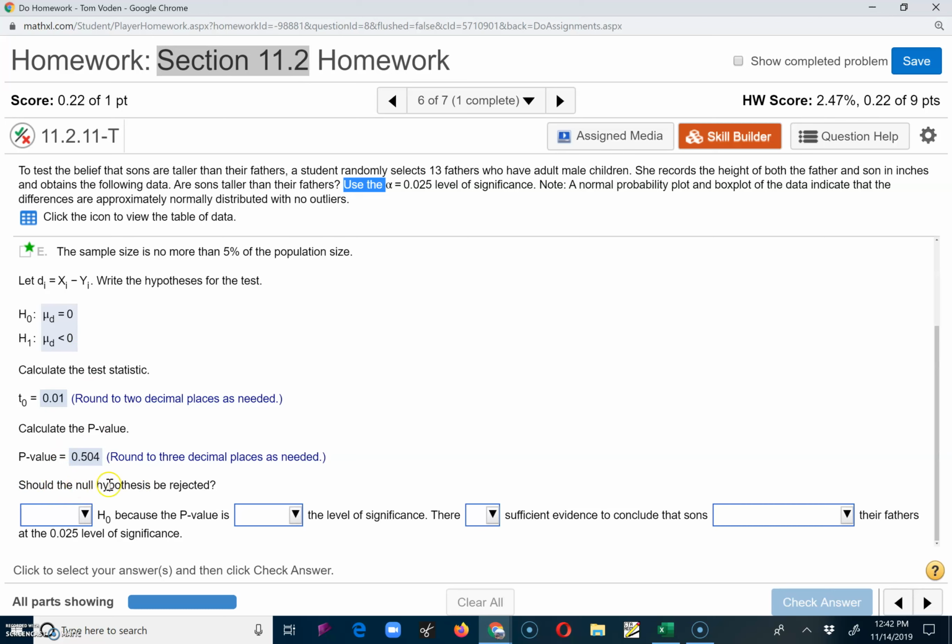So the question is, should the null hypothesis be rejected? And we would say we do not reject the null hypothesis because the p-value is greater than the level of significance. So there is not sufficient evidence to conclude that sons are taller than their fathers at this significance level.